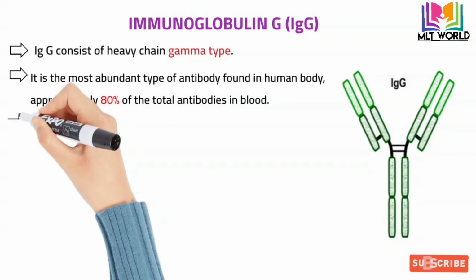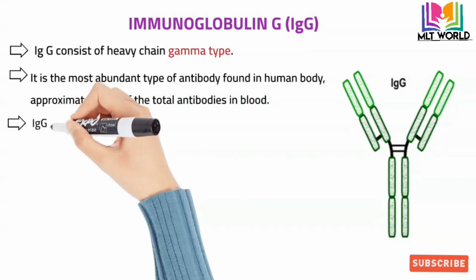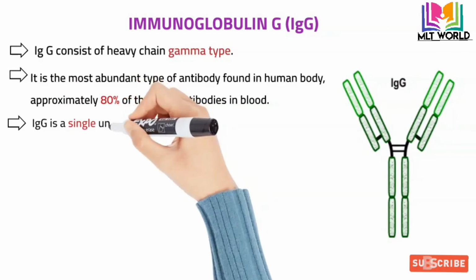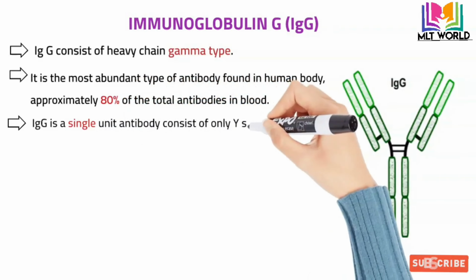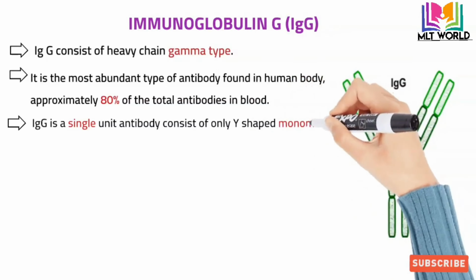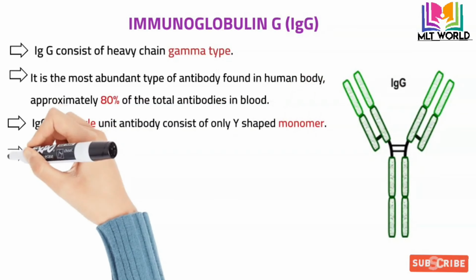Almost 80% of total antibodies are immunoglobulin G. And as I told you, this is a single unit antibody, a Y-shaped monomer.